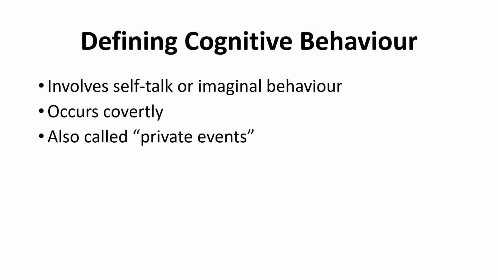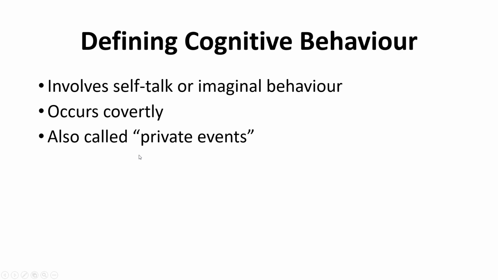Imaginal behavior would be something like thinking of something inside your mind, maybe imagining being on vacation and sitting on a beach. That would be something that falls under this definition that we're using of a cognitive behavior. So by thinking about those things, you are working through a cognitive behavior.